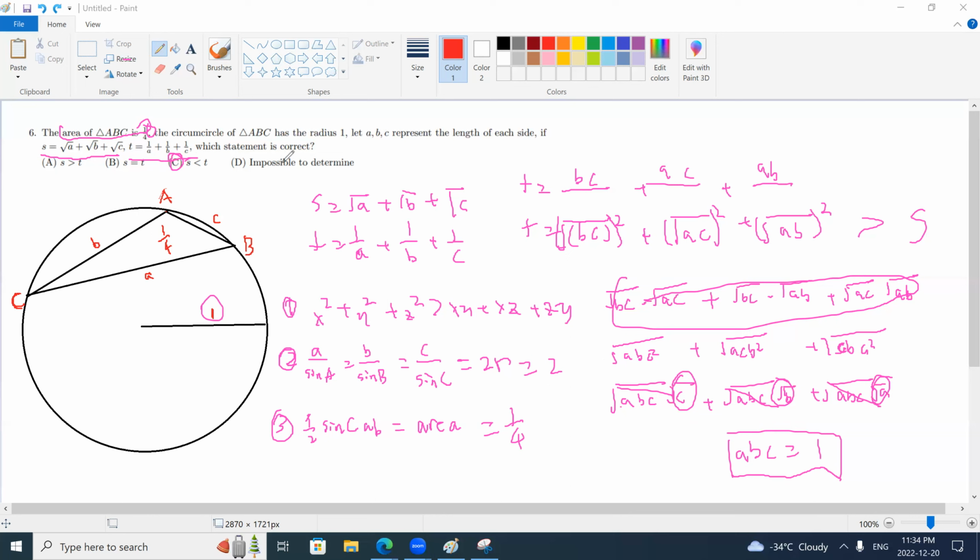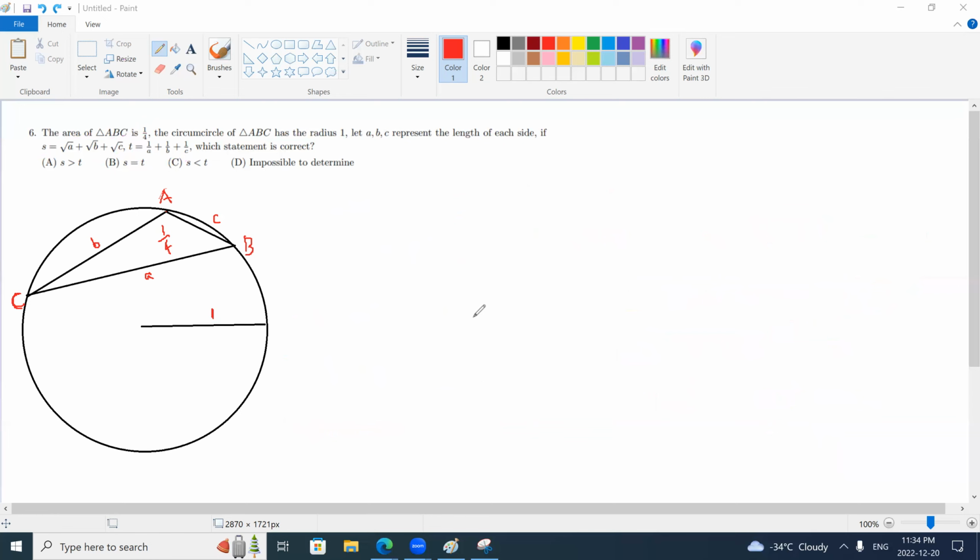And actually, I'm just gonna prove why A is not equal to B. A, B, and C are not an equilateral triangle. I'm just gonna prove it really quick. So if A, B, and C are equilateral triangles, instead of writing A, B, and C, let's just write A and A since they have the same length. Okay, what is the area for an equilateral triangle?